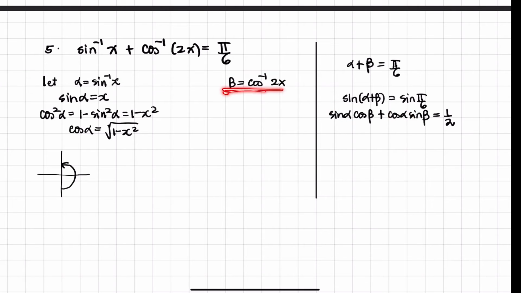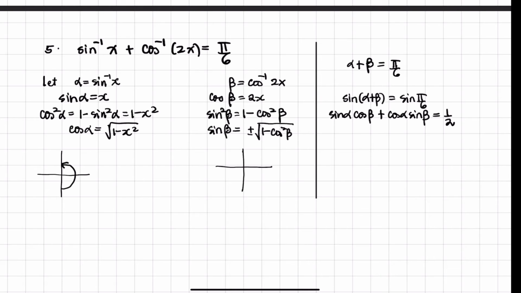So, from here, ma-recover natin yung cosine beta. So, it's 2x na yung cosine beta. Yung sine beta na lang. So, gamit ulit ng Pythagorean identity, sine square beta is 1 minus cosine square beta. So, sine beta is equal to plus minus square root of 1 minus cosine square beta.